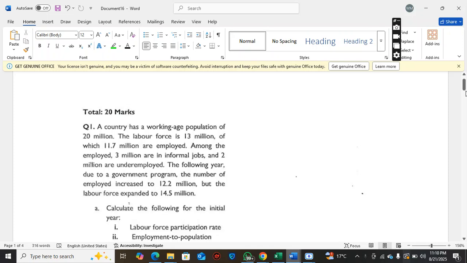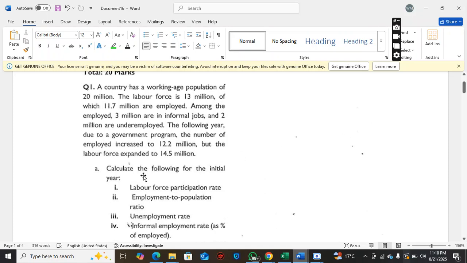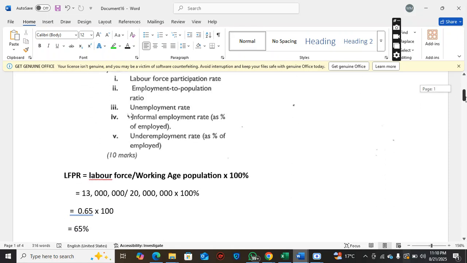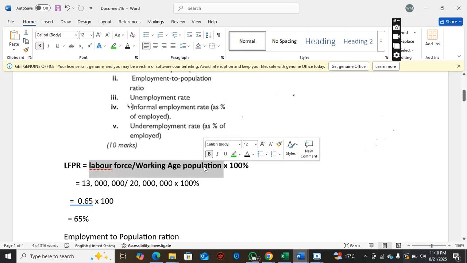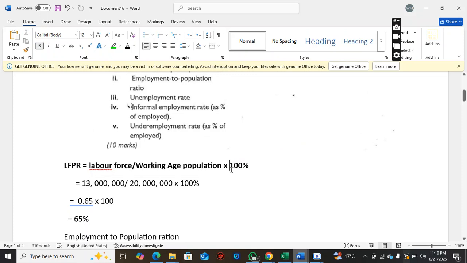Question 1. Calculate the following for the initial year. The labor force participation rate. Remember, the labor force includes those who are employed and those who are unemployed. So the labor force participation rate is just your labor force over the working age population times 100%.